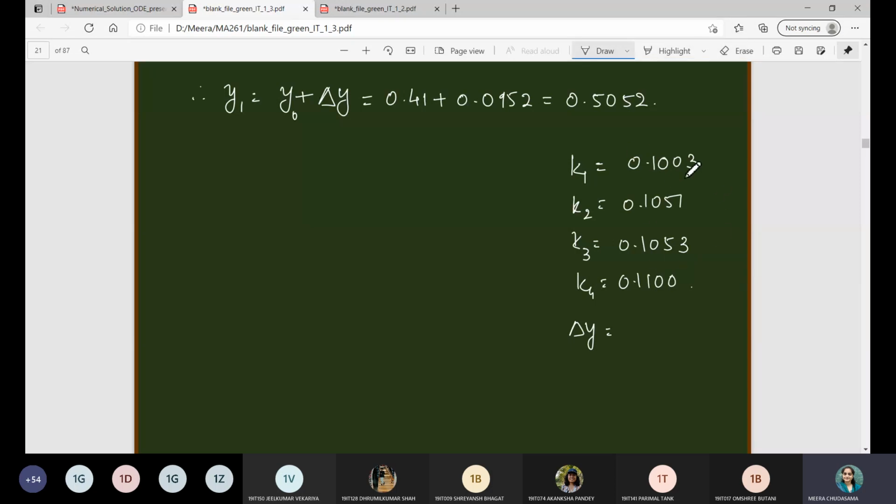Let me check. 1003, 1051, 1053, and this one will be 1052. And y2 you will get it as 0.6104. So this one will be the final answer, right? I am giving it to you to compute it.